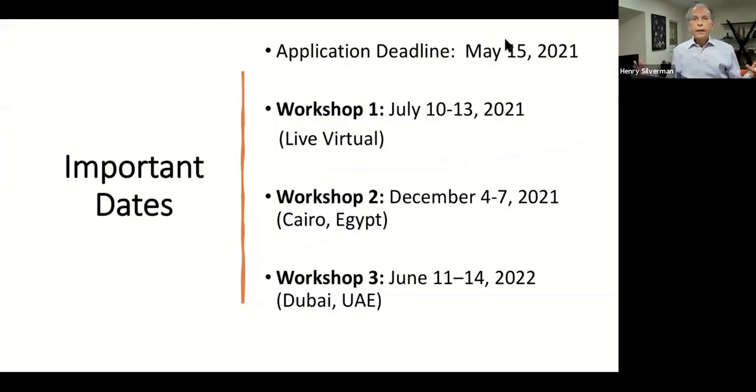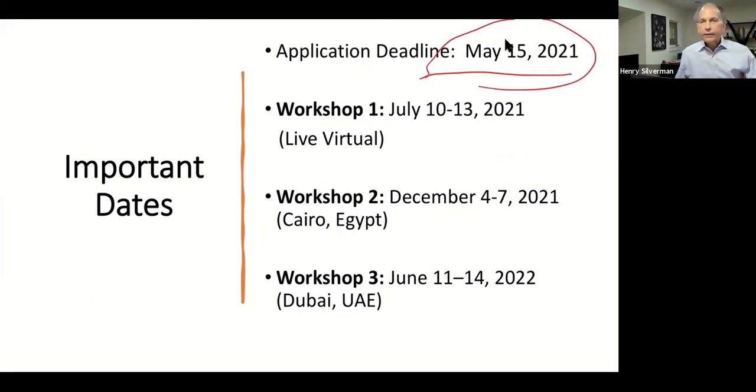So, some important dates to remember. Again, the application deadline is May 15th of this year. It's somewhat of a soft deadline, meaning that if you need until May 17th or 18th, that will be fine. The first workshop, where the program begins, is on July 10th. It's a 4-day workshop. It will be held virtually because of the COVID pandemic.